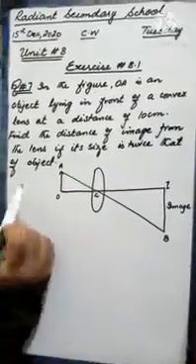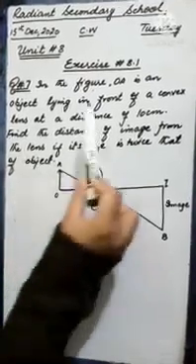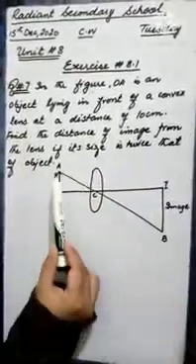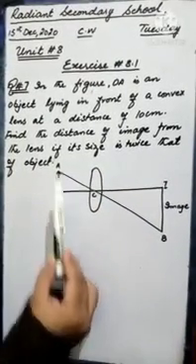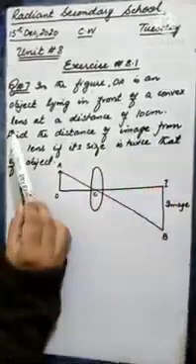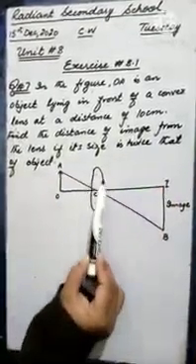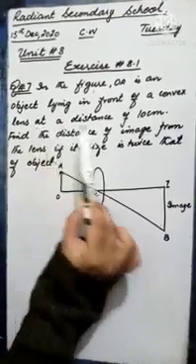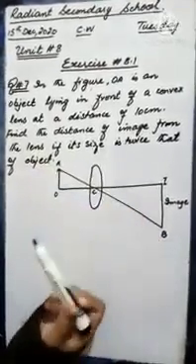Okay students, this is question number 7. In the figure, OA is an object. In this figure, OA is an object lying in front of a convex lens. This is a convex lens and this is the object OA, which is at a distance of 10 centimeter.